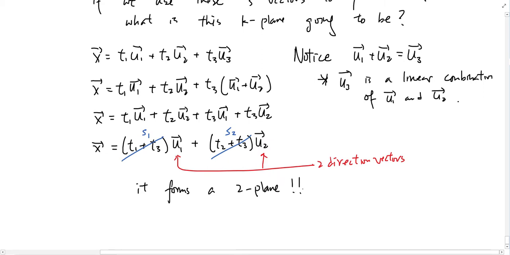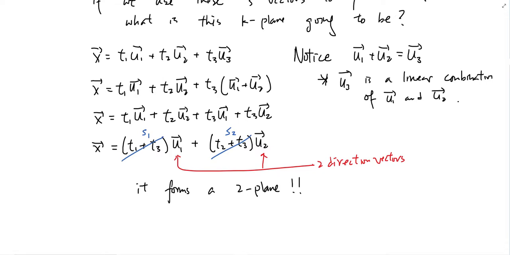The reason is that one of the vectors that we use to try to form this k-plane is a linear combination of the remaining vectors that we have, and therefore it collapses our k-plane into a smaller dimension. This concept is often referred to as linear dependence.